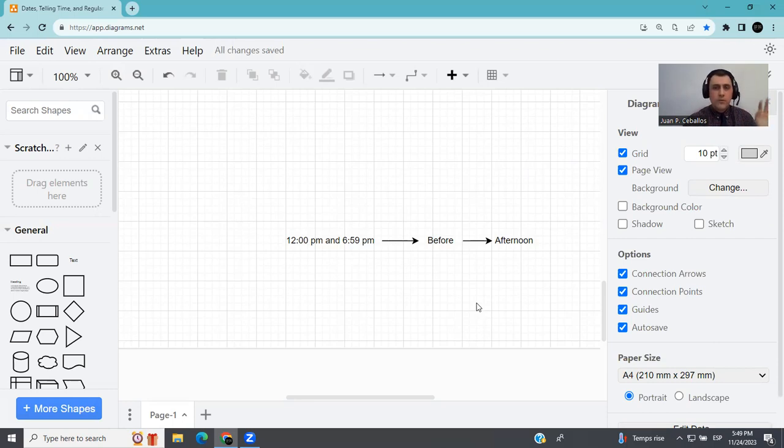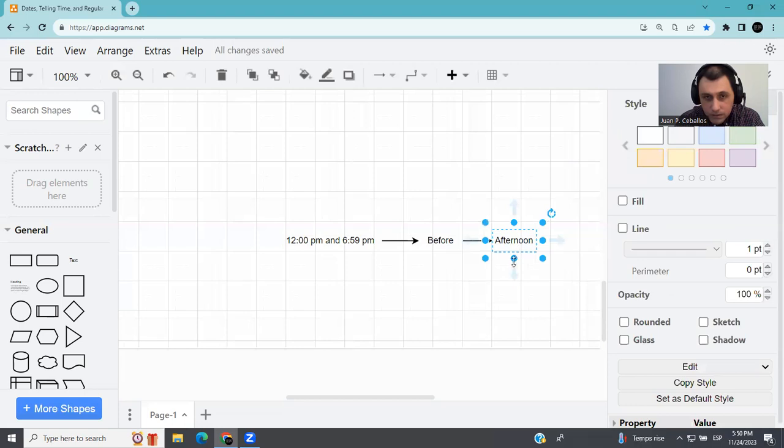But the best way for you to understand this is to interact with the locals and see how they talk, to see what is afternoon and what is night for them. But I'm from Colombia, and I'm telling you, this is how it is in the tropical area. Now, let me give you an example.